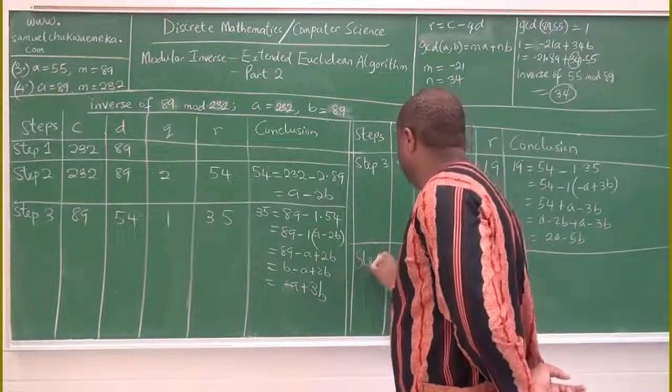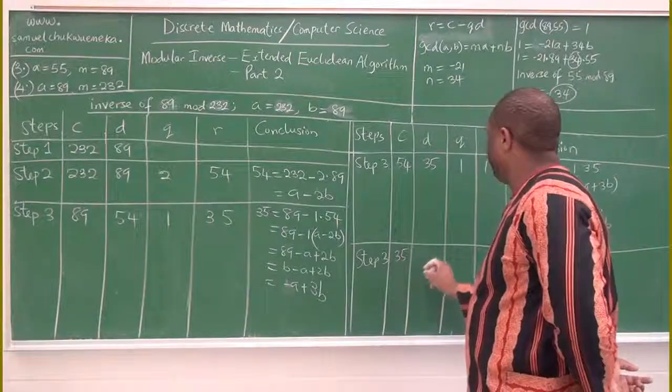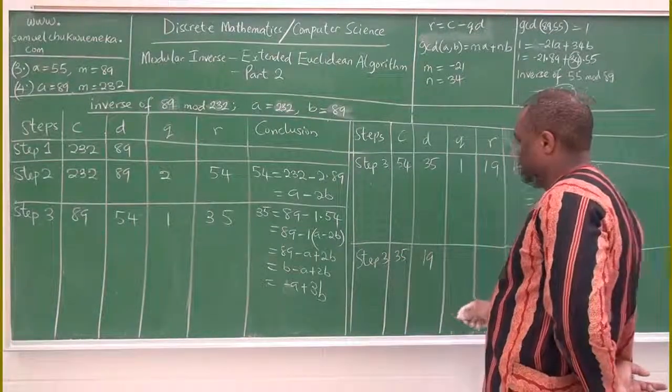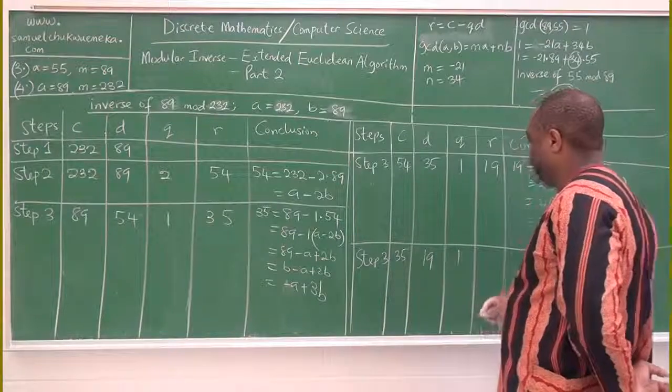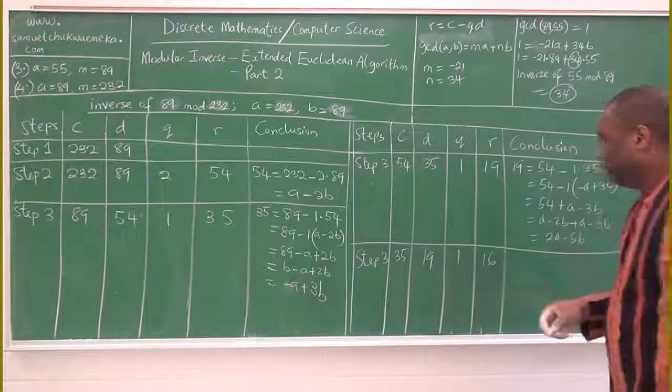Another step 3, we have here now to be 35, and we have this to be 19. And this is 1. 15 minus 9 is 6. 2 minus 1, 1. 16.